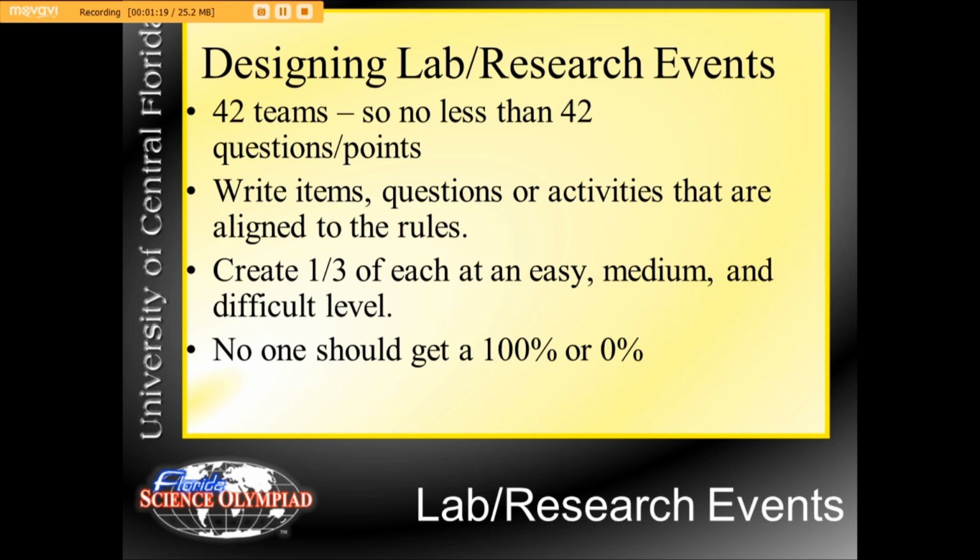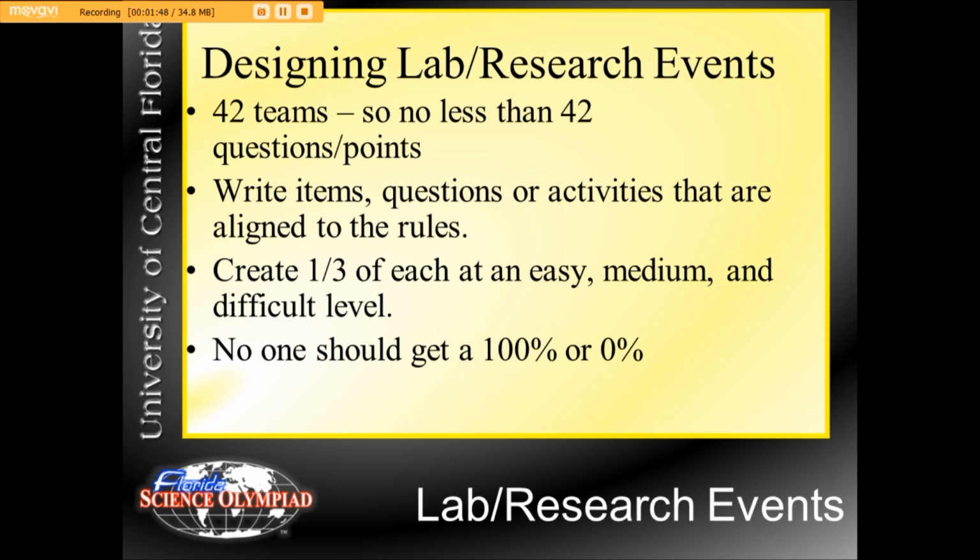When you're creating it, you want to make sure that you create it at a level that will spread the scores out over 42 teams. But make it so that you don't get a whole bunch of 100%. Because imagine if you had 2, 3, 4 teams that got 100% on your activity, we have no way of breaking ties, and we do have to break the ties, particularly for the top 20 teams.